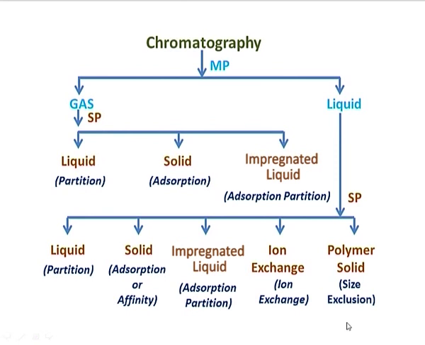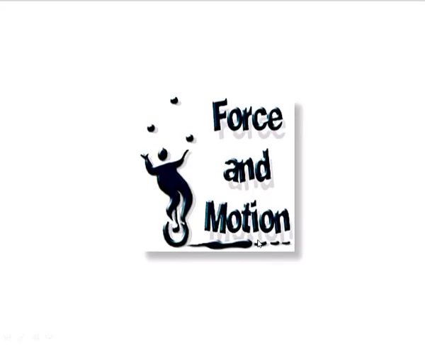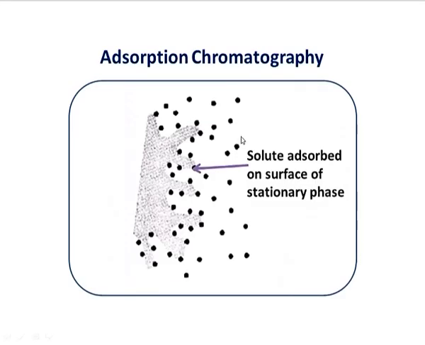So it's very simple. Let me now take you to some of these methods of separation in a little more detail, which we call the force and motivation for separation. To begin with, I would take you to adsorption chromatography.